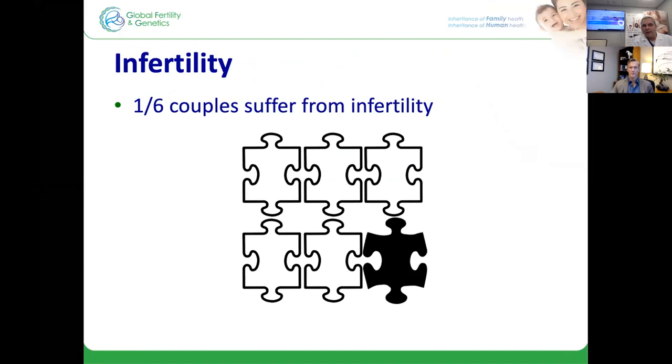This number is increasing because of many reasons. One of the main reasons is trying to have babies later in life. Infertility means that there's a couple who's trying to get pregnant without contraception for a year or more.